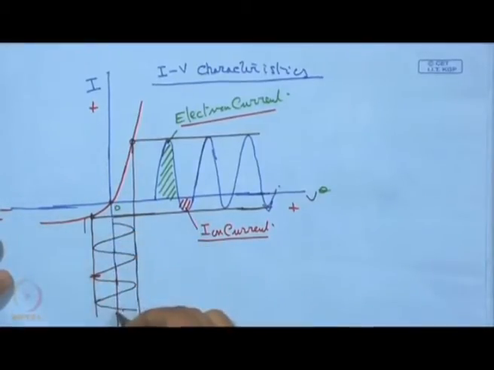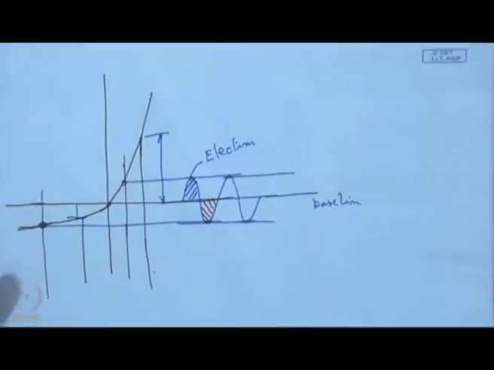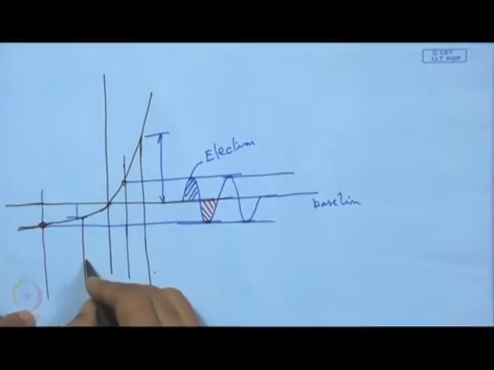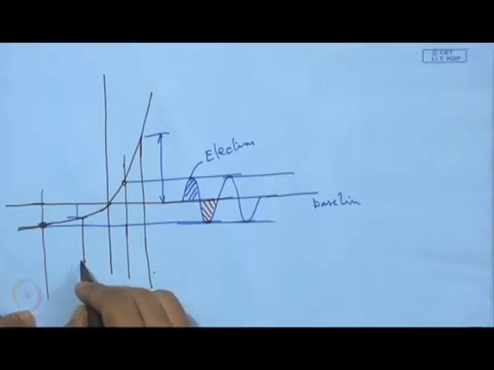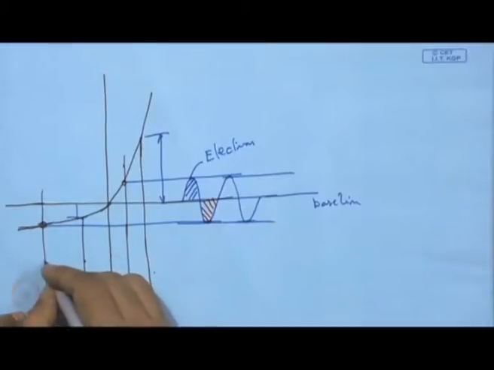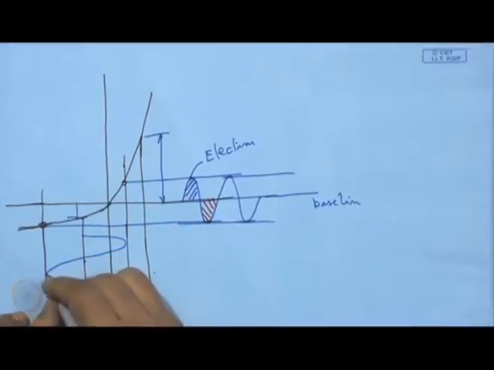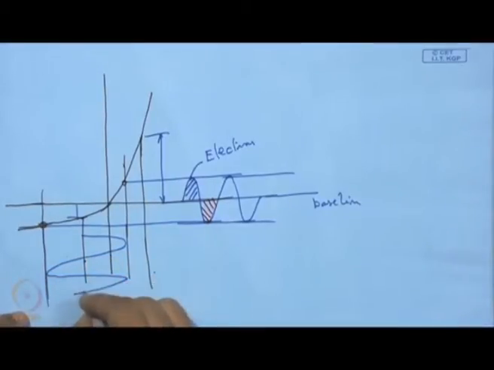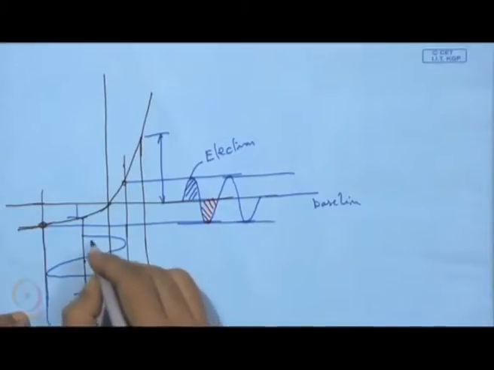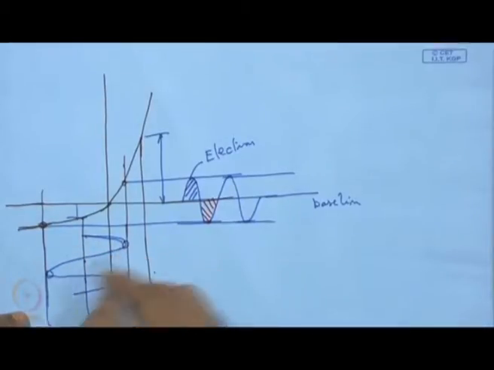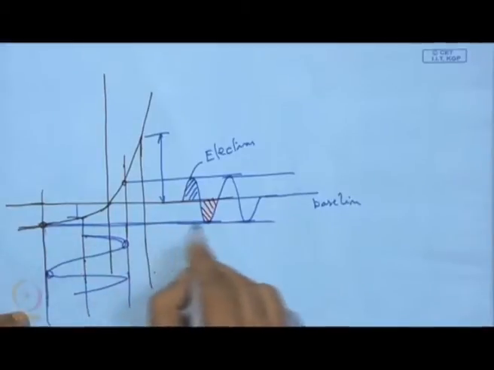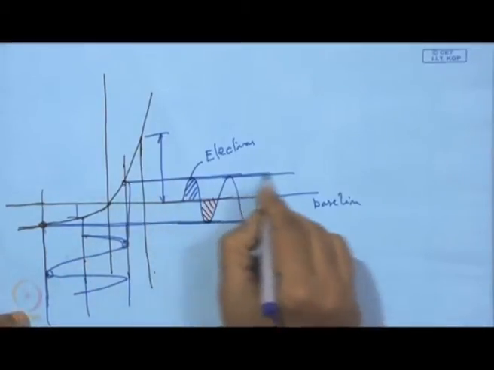But if we shift this baseline from this point to this point, now this is going to be the input between these 2 points. So, these are the 2 boundaries. This point is transferred here and this point is transferred here.